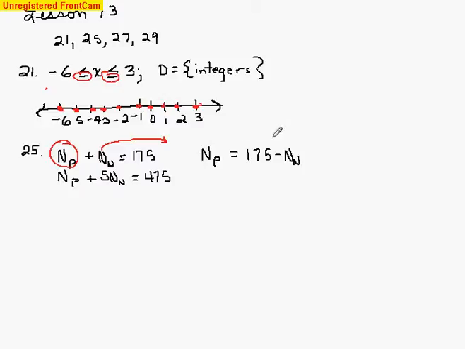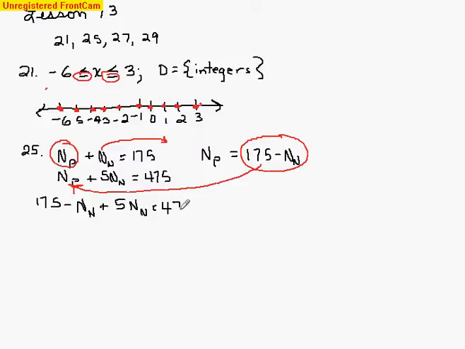So we're going to put what n sub p is equal to in for where the n sub p is. So n sub p is 175 minus n sub n. See that instead of n sub p, we put what n sub p is equal to, plus 5n sub n equals 475.